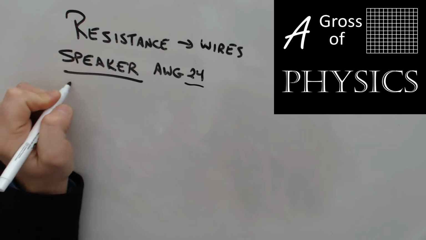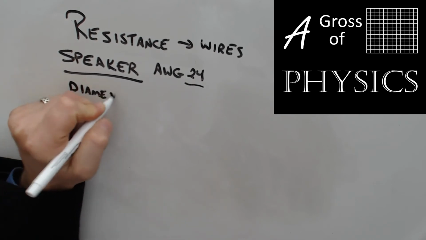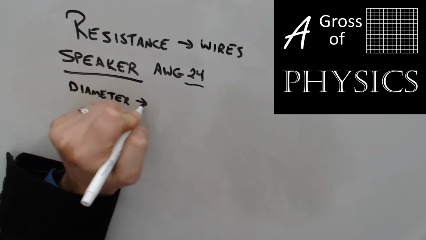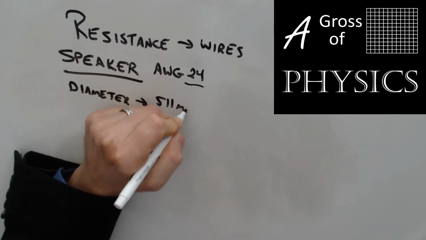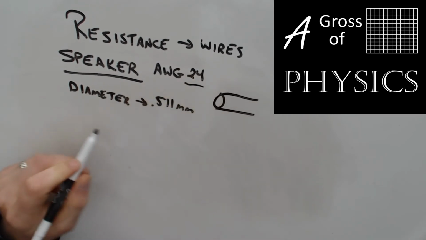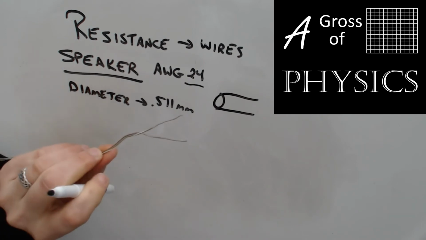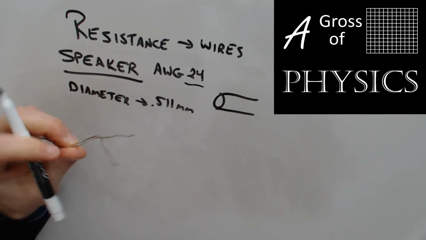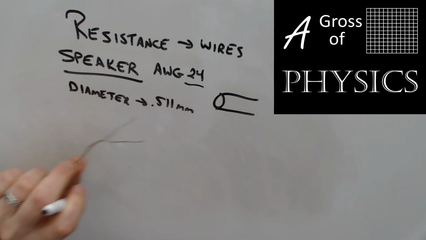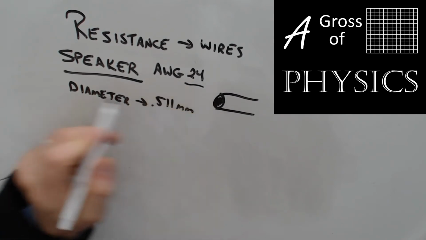And I looked it up. There's a standard for this. And the diameter is 0.511 millimeters. Now, if we think about this, the wire that I'm using here is cylindrical, and it's small. It's hard to see on this video because of the size of the wire, but that represents a cross section that's circular.